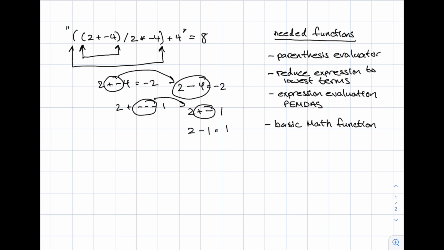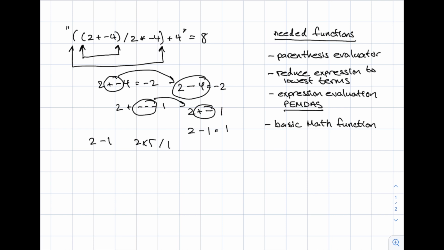Moving on, our next needed function is the expression evaluation. You see the acronym PEMDAS at the bottom of the expression. What we're going to do here is look at an expression like 2 minus 1, or 2 times 5 divided by 1.